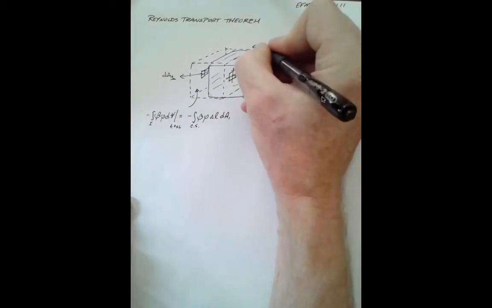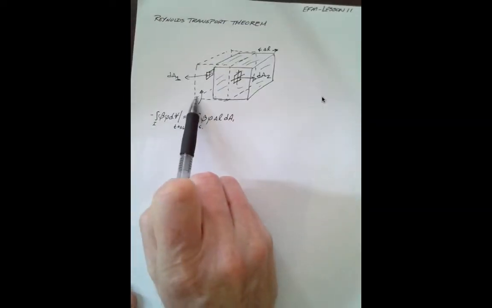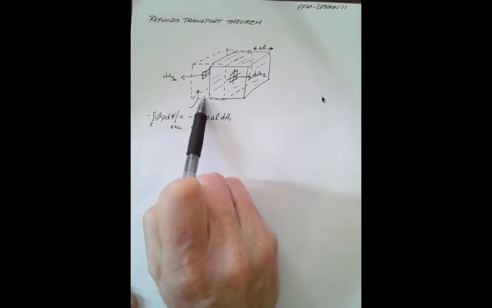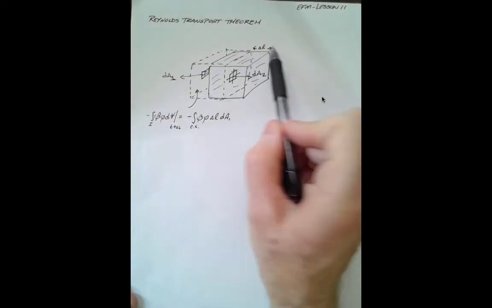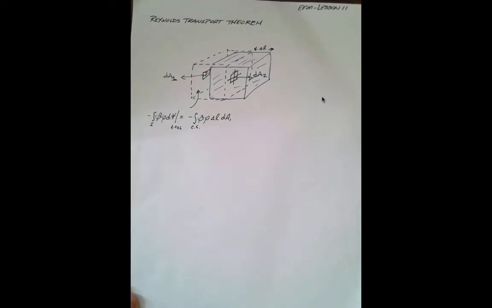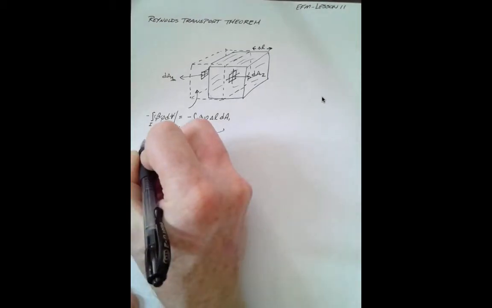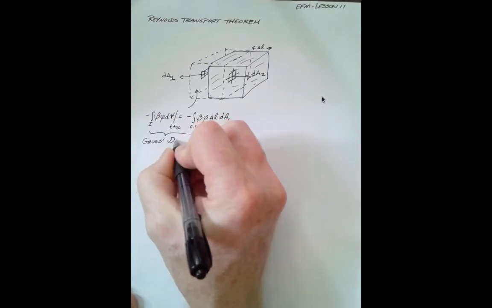Delta L is the distance that the blue rectangular parallelepiped traversed in the time interval delta t. So at time 0, the blue and the black were aligned. A short time delta t later, the blue has traversed in this picture rightward relative to the black, and the distance it traveled was delta L. This is Gauss's divergence theorem.